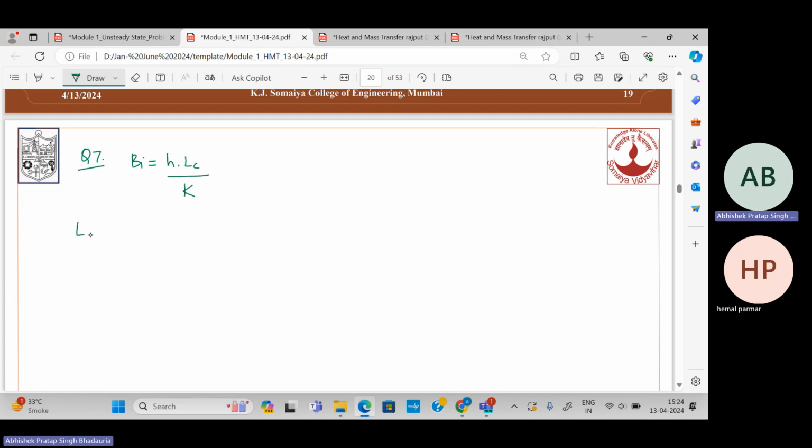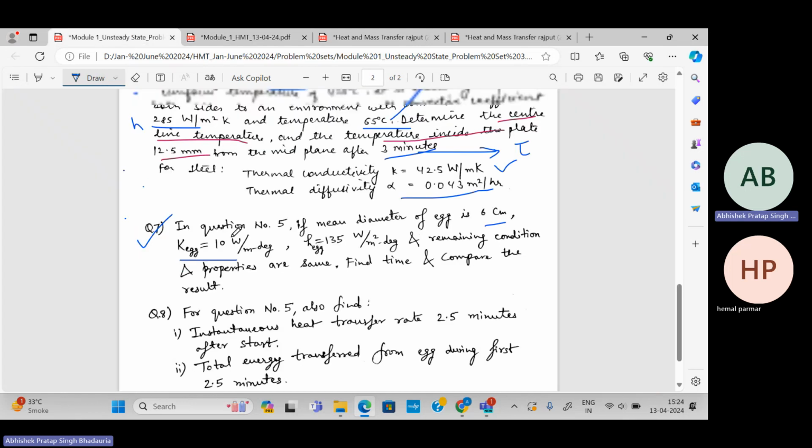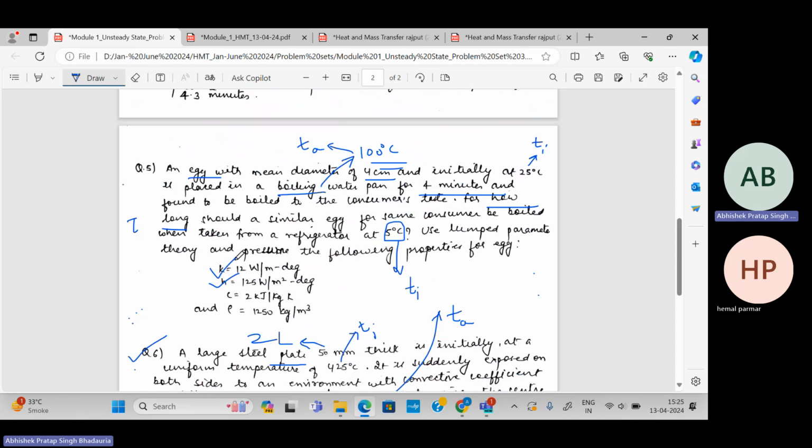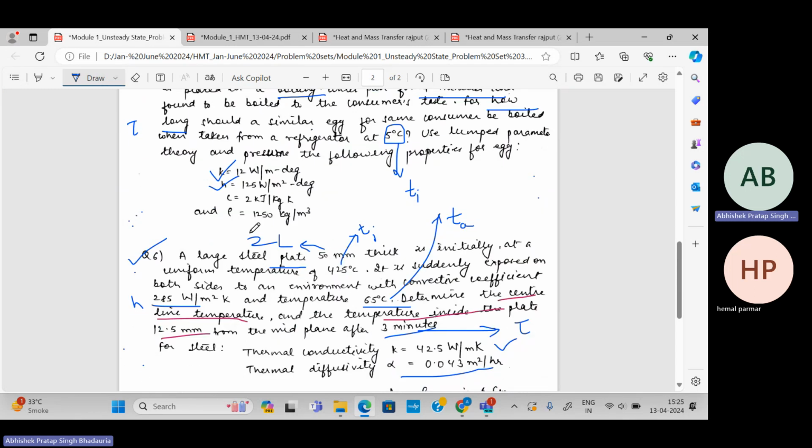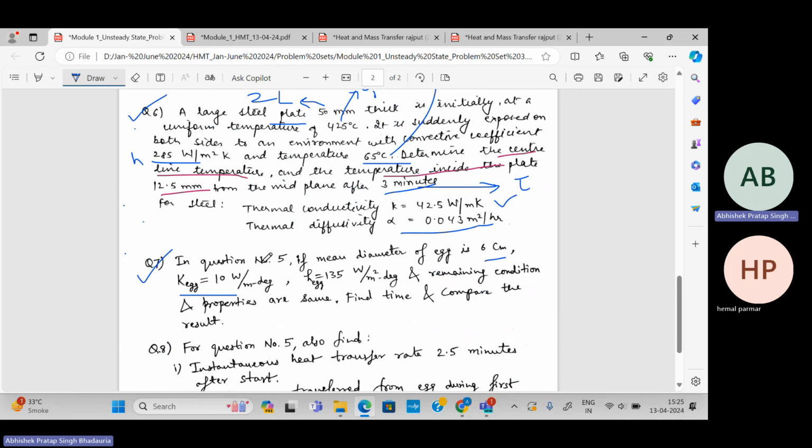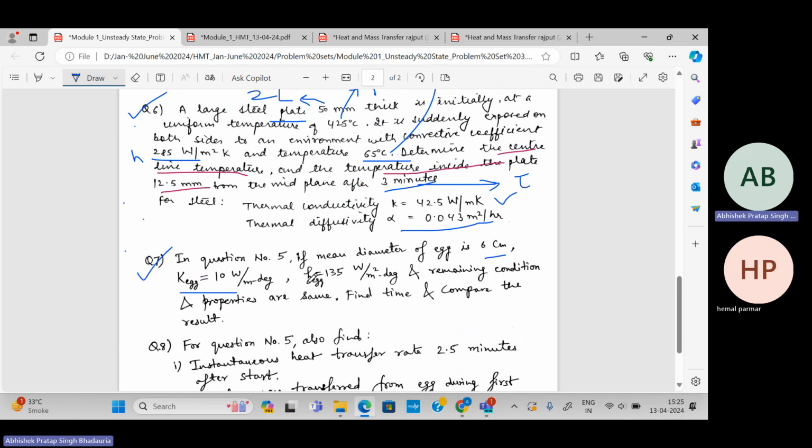We will find Lc first. So Lc is volume per unit surface area. So this we are talking about the problem 5. In the problem 5 you can see egg is there, so it is a sphere. What we have to do here, in question number 5, a mean diameter of egg is 6 centimeter, k is this, and h is this. The remaining condition and the properties are same, so we have to find the time and then compare the result.